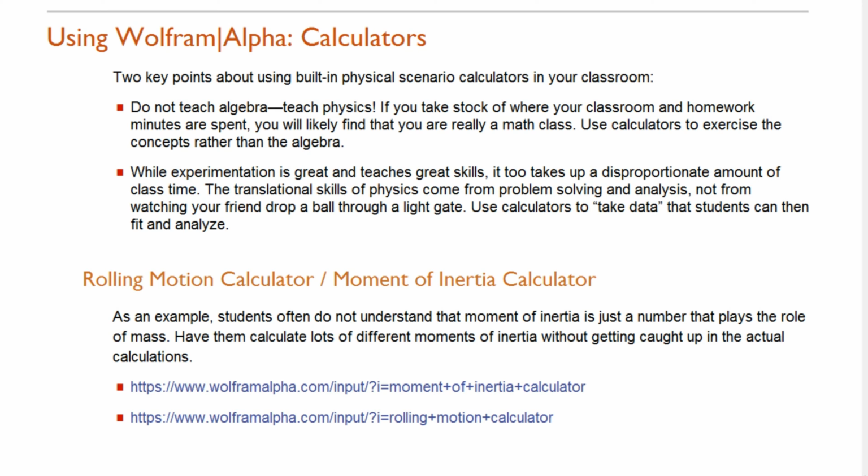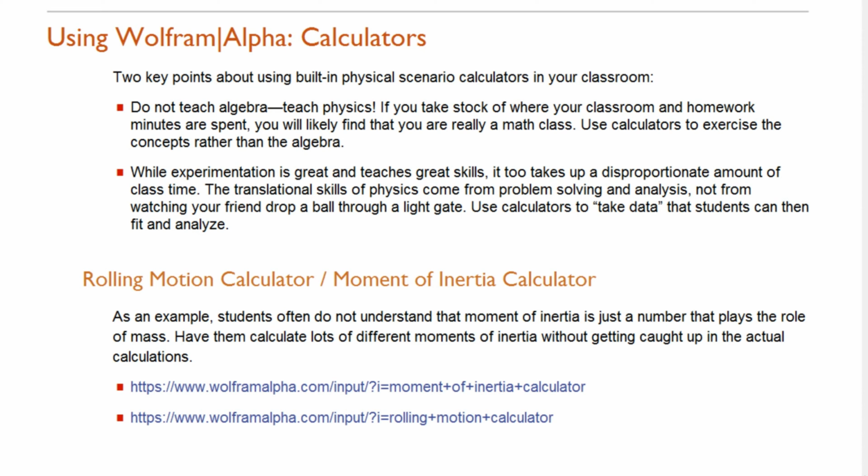I can walk out of a physics classroom and go to a bank and help them analyze their finances. But not many people are asking me to drop a ball through a light gate. So we need to make sure that we're playing up the analytical part, the numerical, quantitative part.